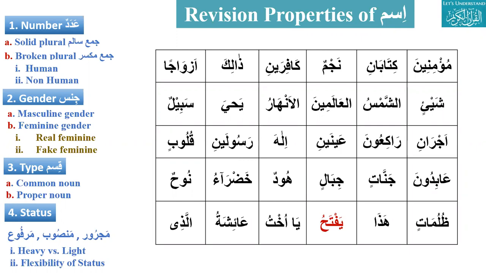And common noun. Okay. And solid plural. How do you say that this is solid plural? Because it fits the rules of ism, like fa'il, maf'ul, masdar. No, solid plural. I'm talking about solid plural. Fa'il, masdar, that is something else, status.